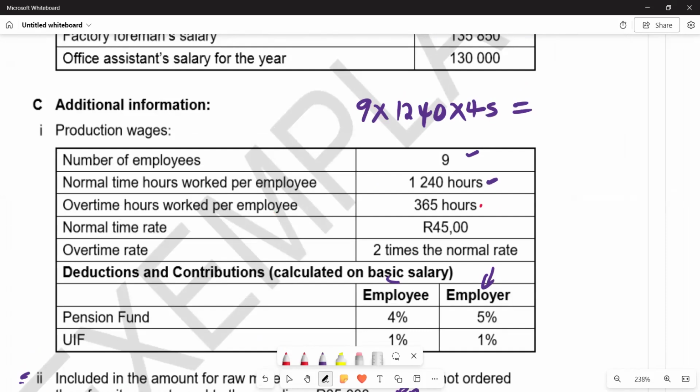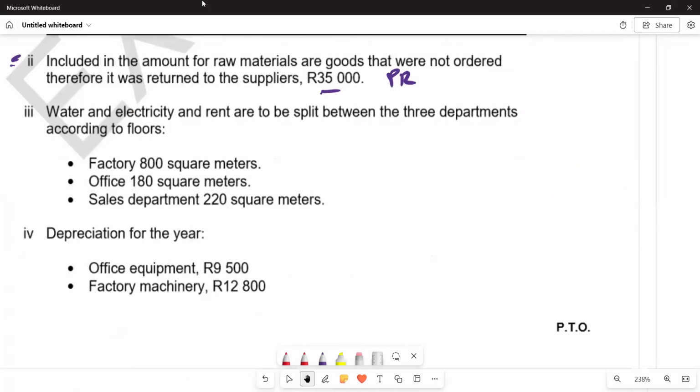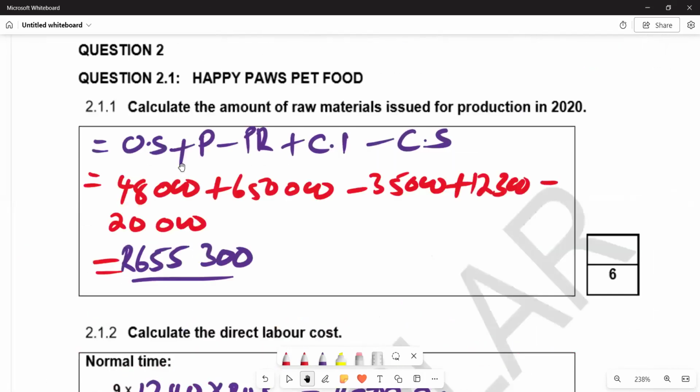So you say 9 times 365, and then I'll multiply by the overtime rate, which is 2 times the normal rate. The normal rate is 45. So it's times 2. So you're going to use 90 rand as our overtime rate per hour. So it's just like 9 times 365, then you multiply by 90. So just go and summarize as such here in the other section.